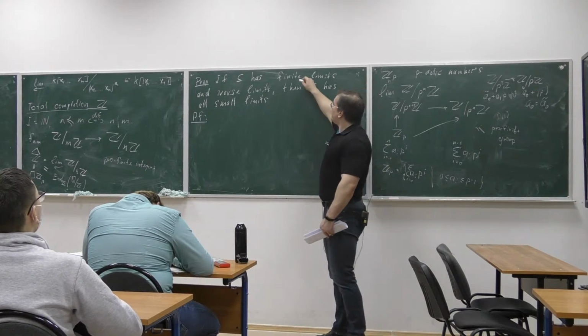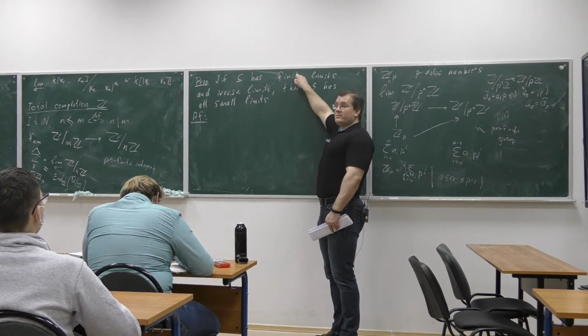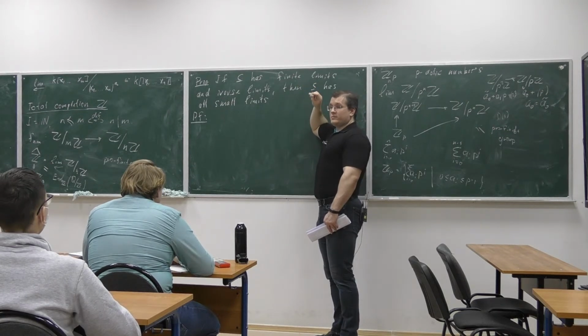Well, this means that the category I is finite, meaning finitely many objects, finitely many arrows.